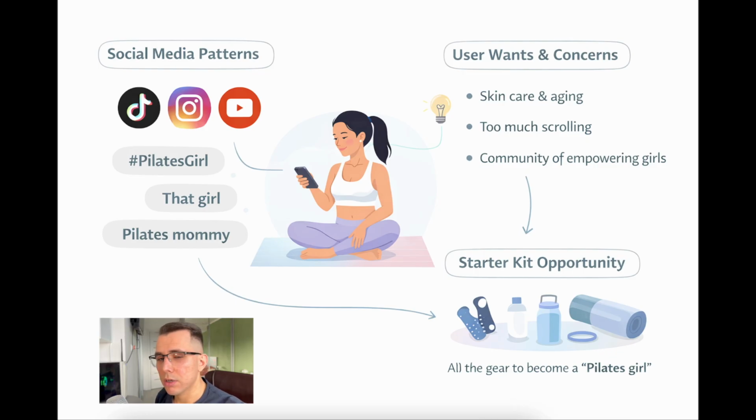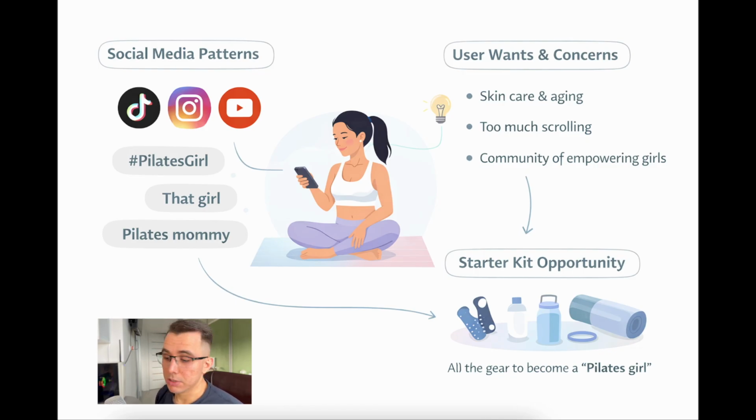Look for the comment section, what they mention there, what they want, what they ask about, and so on. So all of this exercise led me to the idea that a starter kit opportunity for the Pilates girl exists in the market.